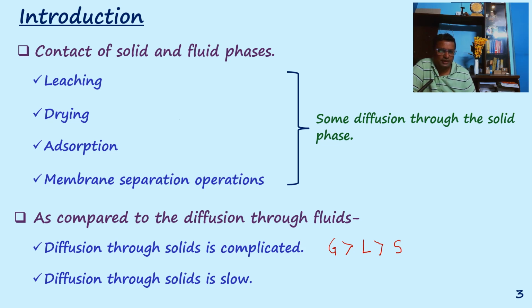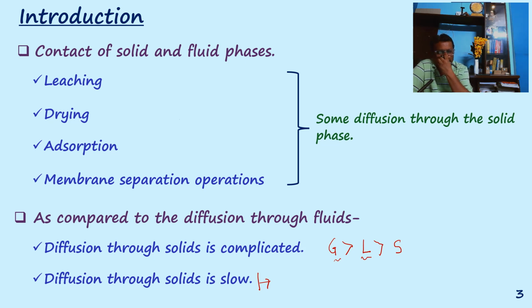So if you compare the rate of diffusion in gas and liquid, then the rate of diffusion in gas is always higher, and if you compare the rate of diffusion through fluids, that is gas and liquid, and solids, then the rate of diffusion through fluids will always be higher. So that's why we have to note this: diffusion through solids is slow, that is, the rate of diffusion through solids is low as compared to that through fluids.